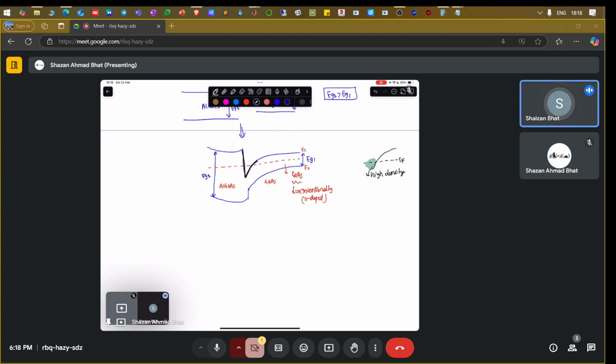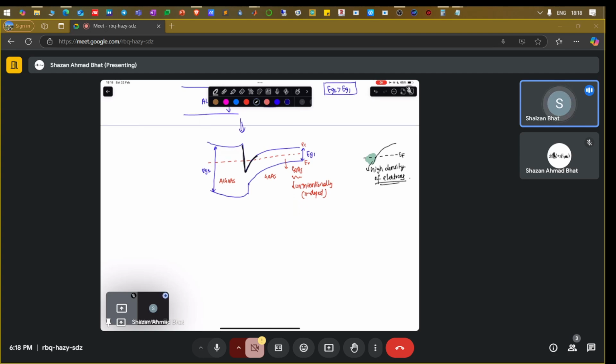That is from your basic device physics course. The same is the case here, except that not only is the conduction band going below the Fermi level, there is a huge barrier on the other side, on the other side of the conduction band, and this is basically a potential barrier.